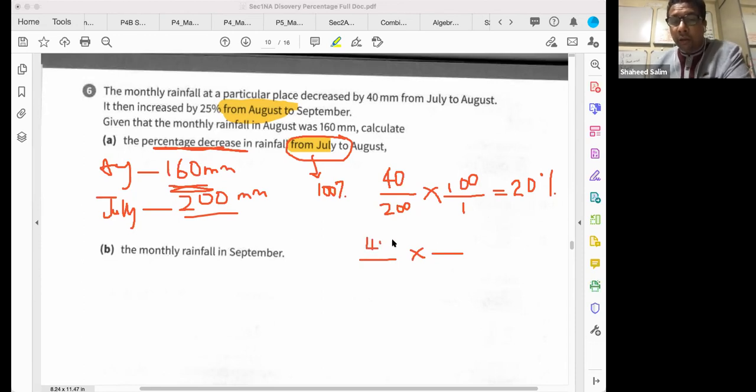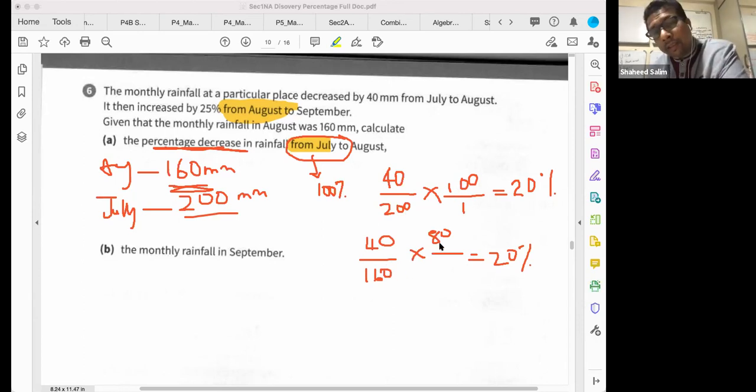I put 40 over 160, and 160 is 80%. You try, you will also get 20%. So long as this is the ratio, this is 200 mm is 100%, 160 is 80. Can you see now? 100 divided by 2, half. 80 divided by 160, half. Same thing.